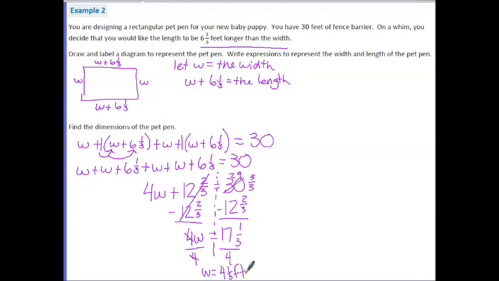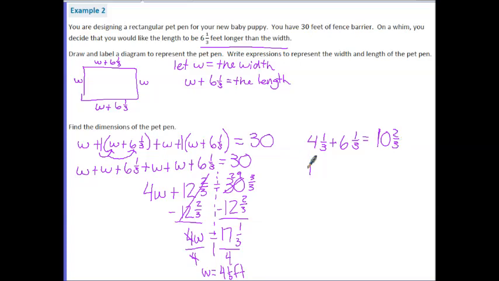Now that just tells me the width, but it actually asked us to find the dimensions of the pet pen. So I have to make sure that I actually answer the question. So when we have the w, now we can find the length by plugging in 4 1/3, 4w in the length expression, giving us 10 2/3 for the length. So it's a word problem.